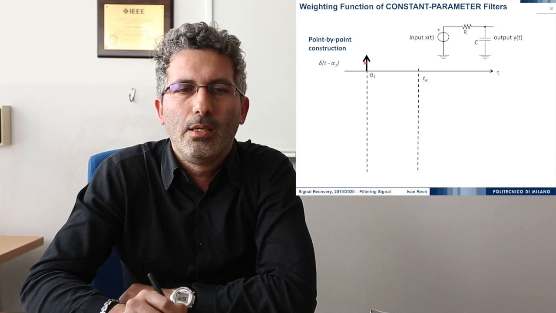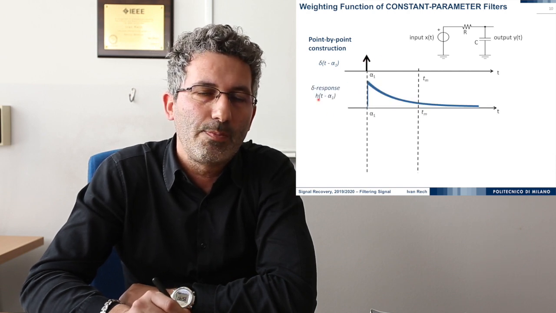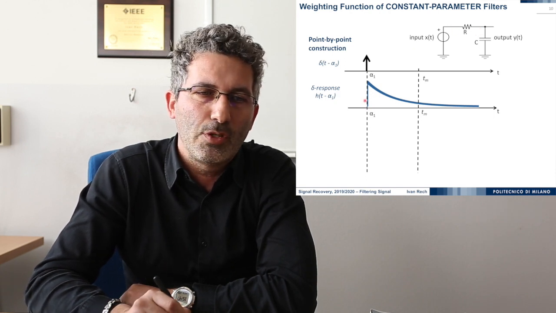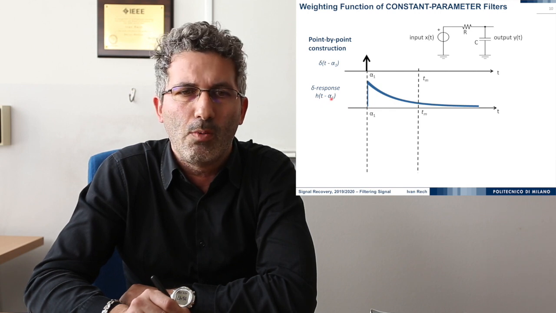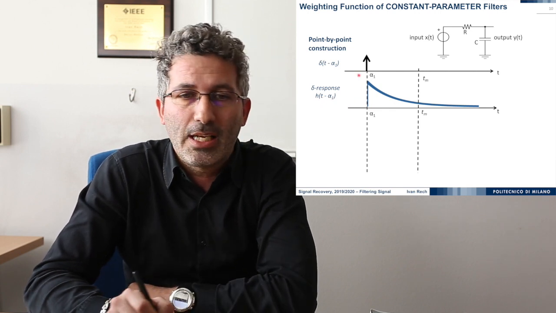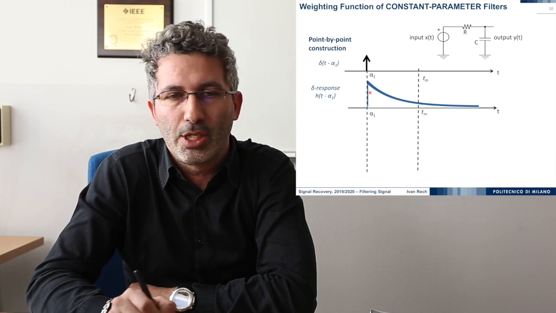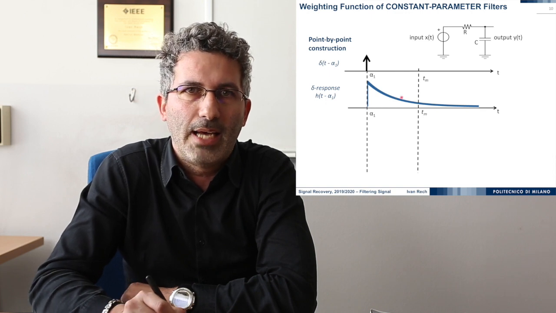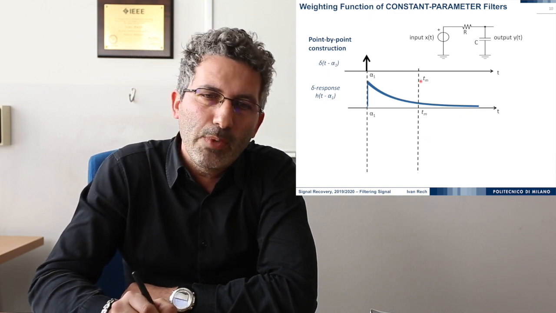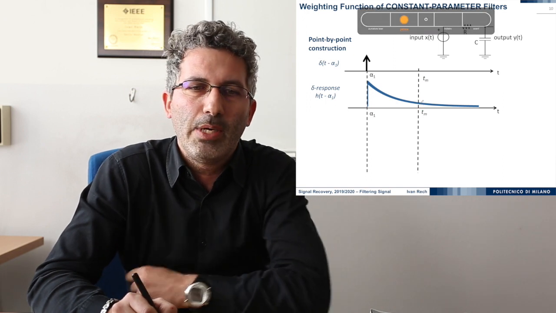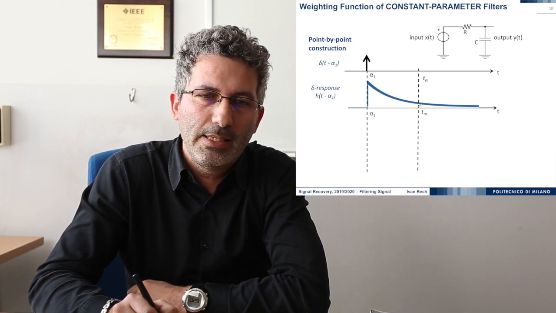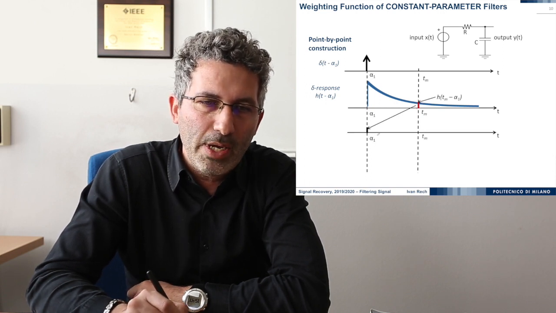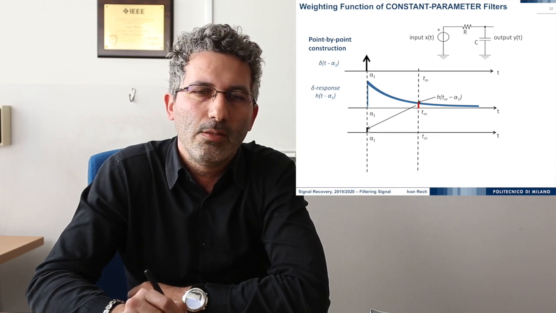Then you write the delta response of our system shifted at that time, so h of t minus alpha 1. You perfectly know that the delta response of the low-pass filter is the exponential decay. So we write just the decay, and then we take the value of the weighting function shifted at this time, and this is the value of the weighting function at alpha 1. That's it.